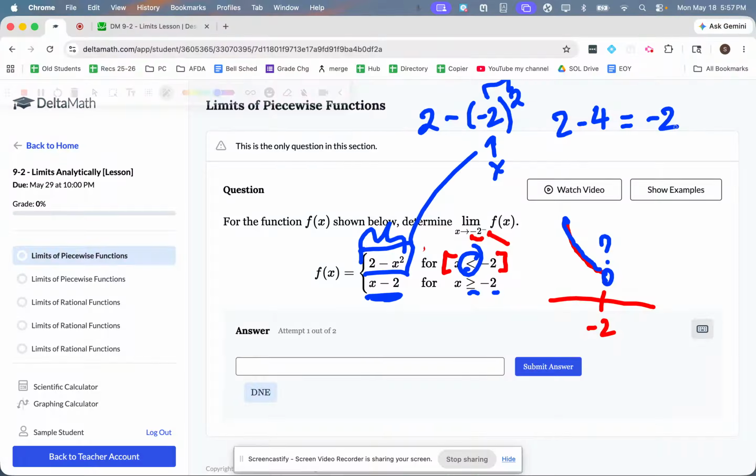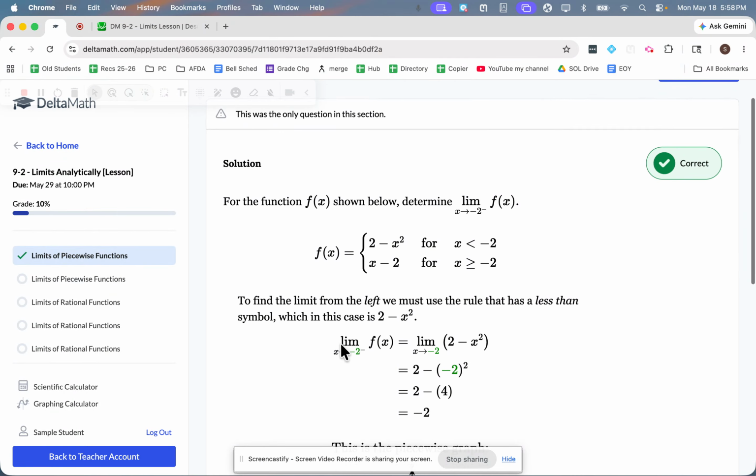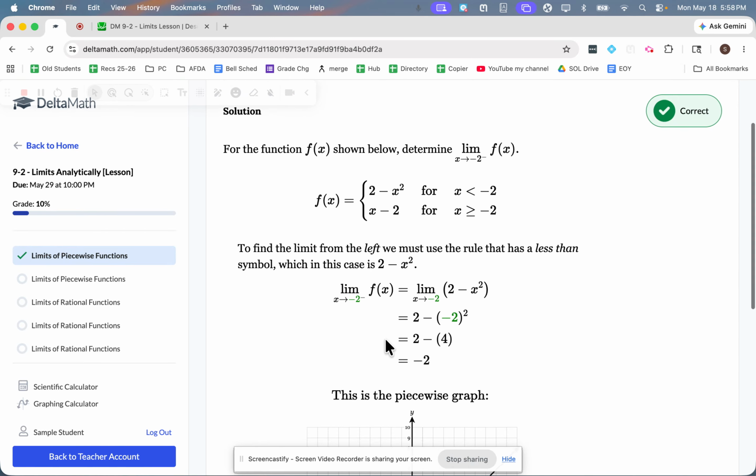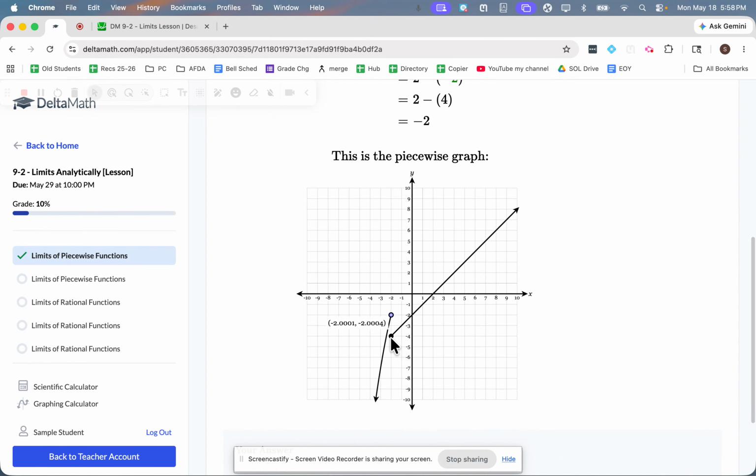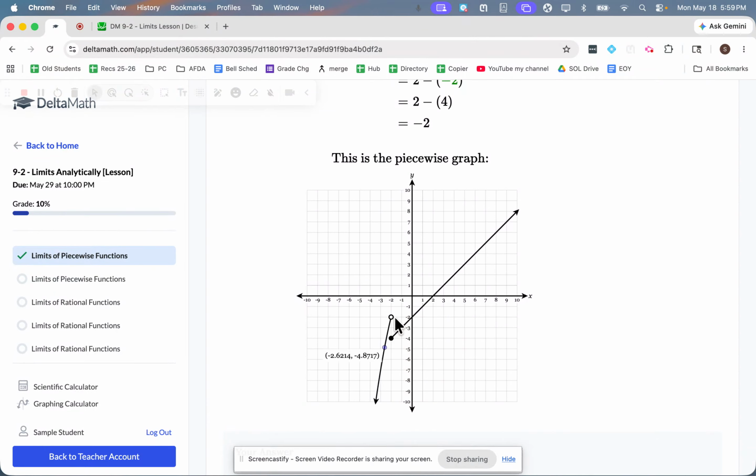This is where it's headed, to a y of -2. And so the limit as you approach -2 from the left is a y of -2, or the y value is -2.